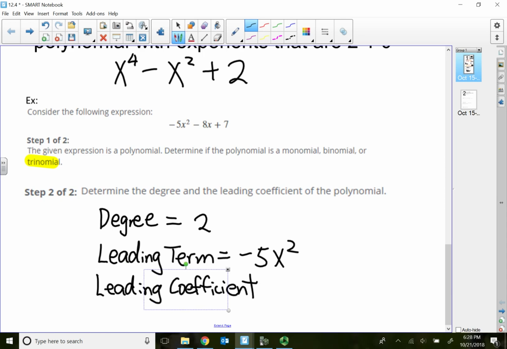That's why I wrote the leading term down, so we can say the leading coefficient is negative 5. The reason I mention this wording, other than it being on your homework and on the test, is that we use a lot of these words when students take college algebra.